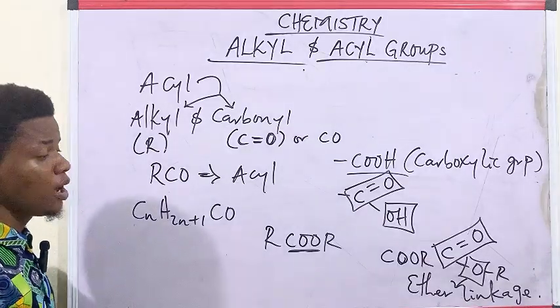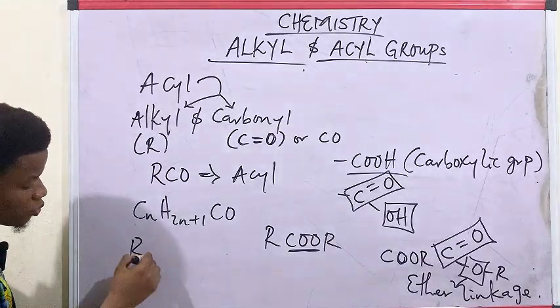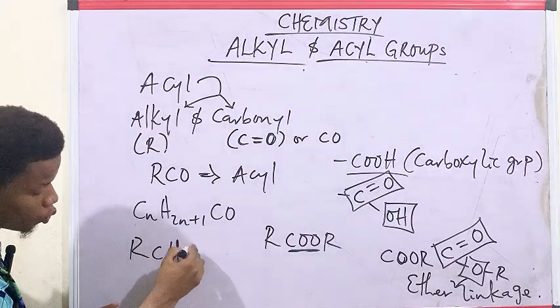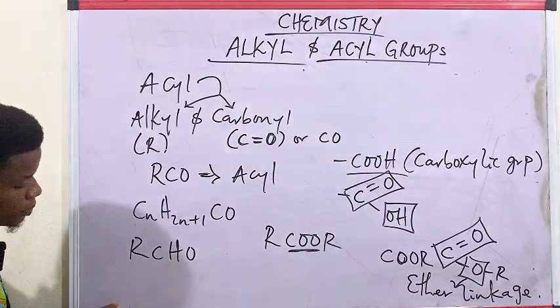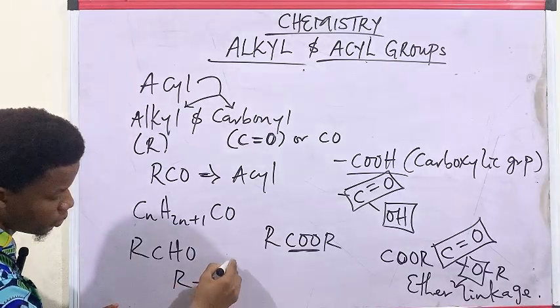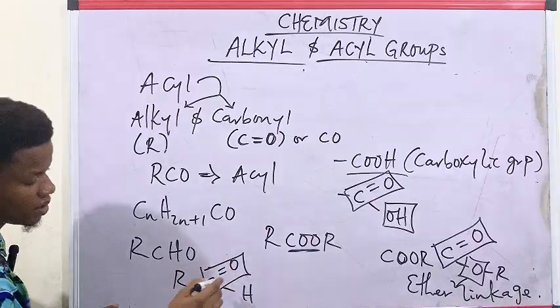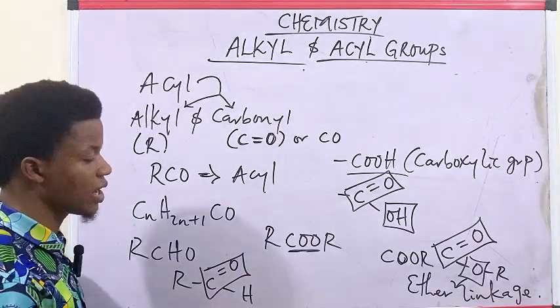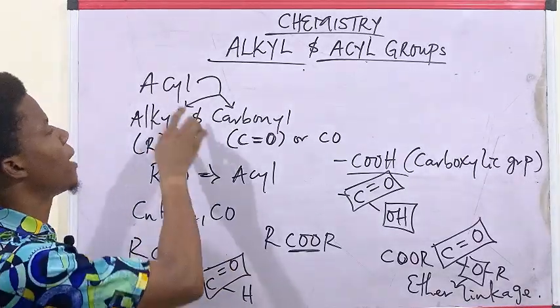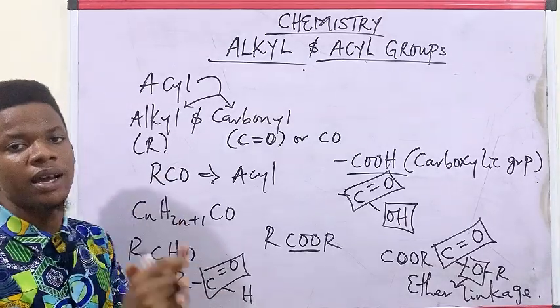Ether linkage. If you also look at the aldehydes, general formula RCHO. What it implies, this guy is the R, then C doubly bonded to oxygen and then H. So you see, we still have the carbonyl alongside here. So this is what we mean by acyl. All right, alkyl carbonyl. That is what it means.